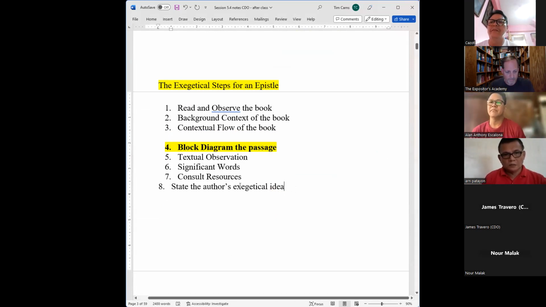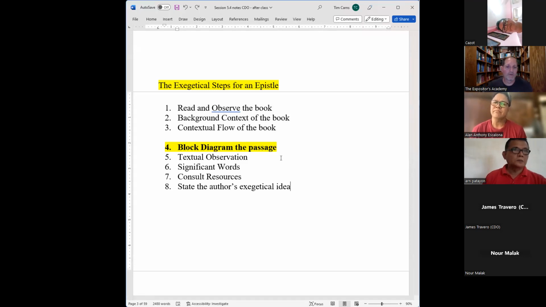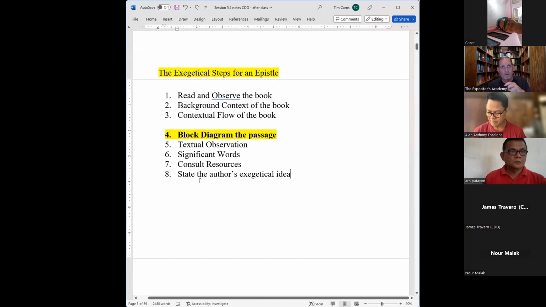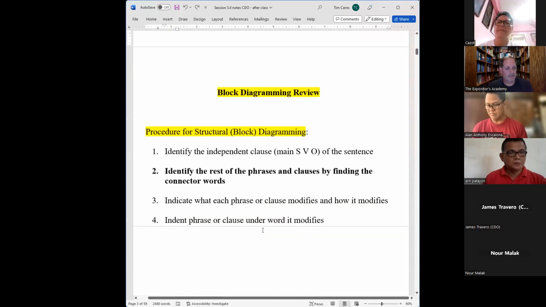We've done them for every genre, every passage that you've done, except for the Psalms passage, where we didn't do the first three steps. So there's nothing new as far as things we have to learn for the Module 5 assignments for Second Timothy. But like I said, we'll be doing a more extensive examination of the connector words and then the diagram, because we're going to do the whole letter of Second Timothy.